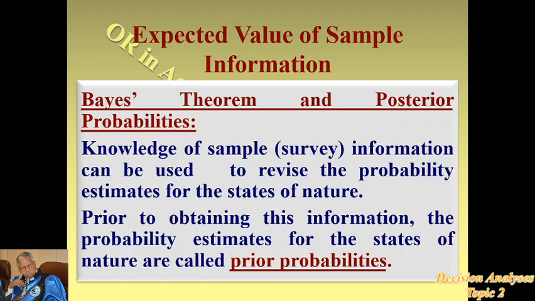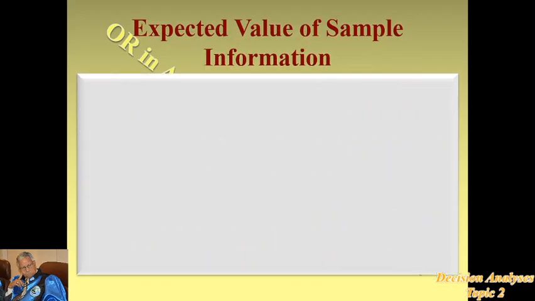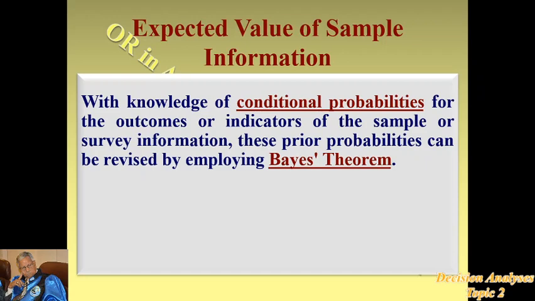The additional sample information will transform these prior probabilities into posterior probabilities. With knowledge of conditional probabilities for the outcomes or indicators of the sample or survey information, these prior probabilities can be revised by employing Bayes' theorem.